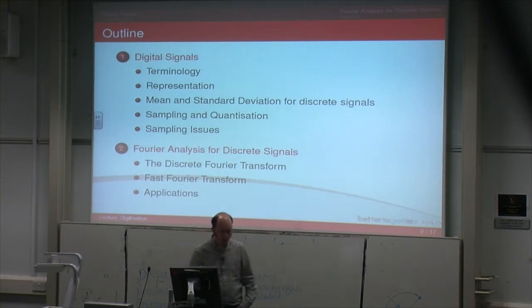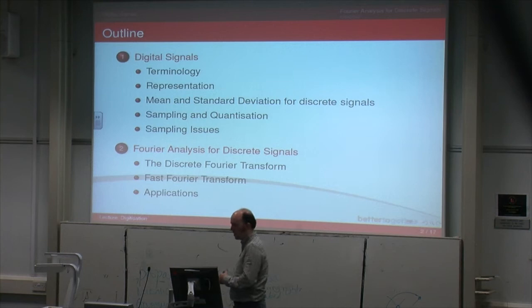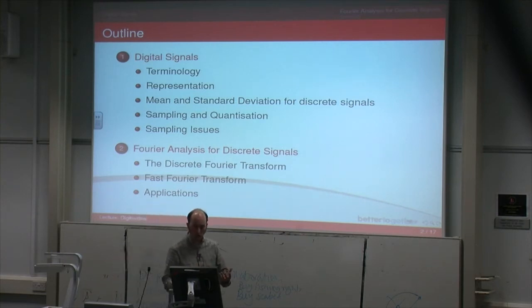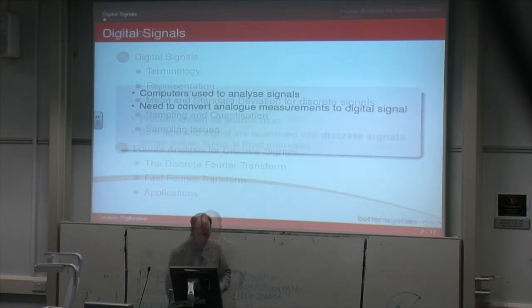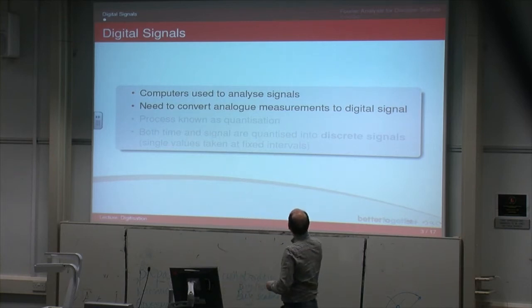So like I said, often when you're dealing with a real system, you're going to measure something using a transducer, and often that transducer will be connected up to a computer. The way a computer stores and processes data relies on the signal from the transducer being a digital signal, not an analog signal. You need to convert these analog signals to a digital signal, okay?